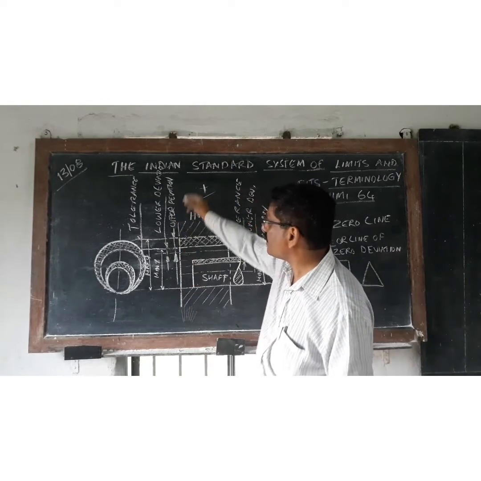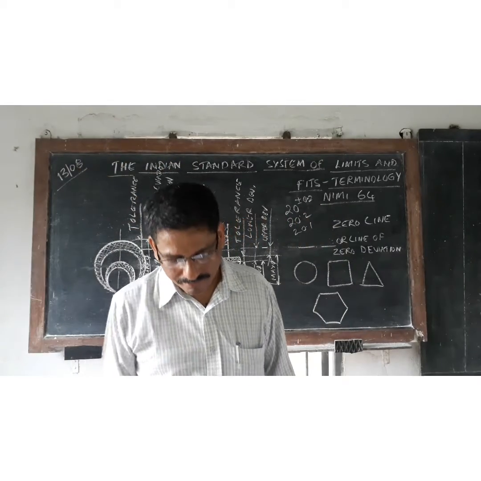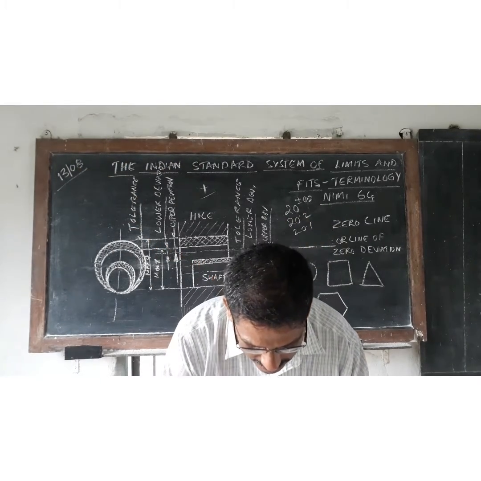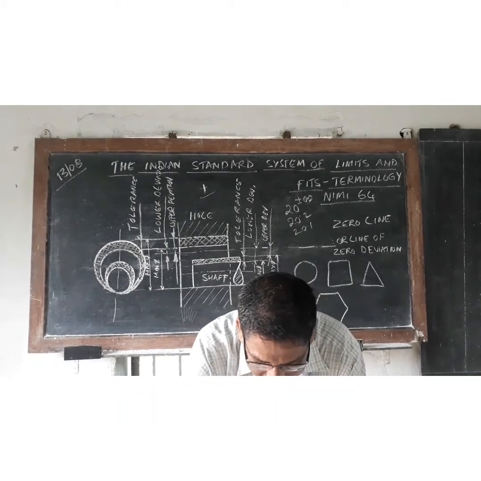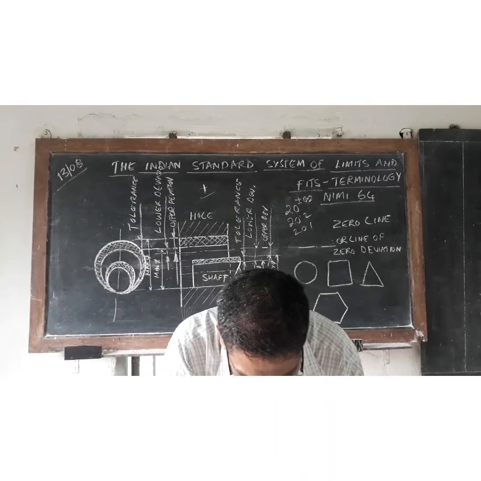When you look at the figure, you will understand correctly; it is in the book, see. Okay, then tolerance I said, isn't it? The difference between the maximum limit of size and the minimum limit of size.